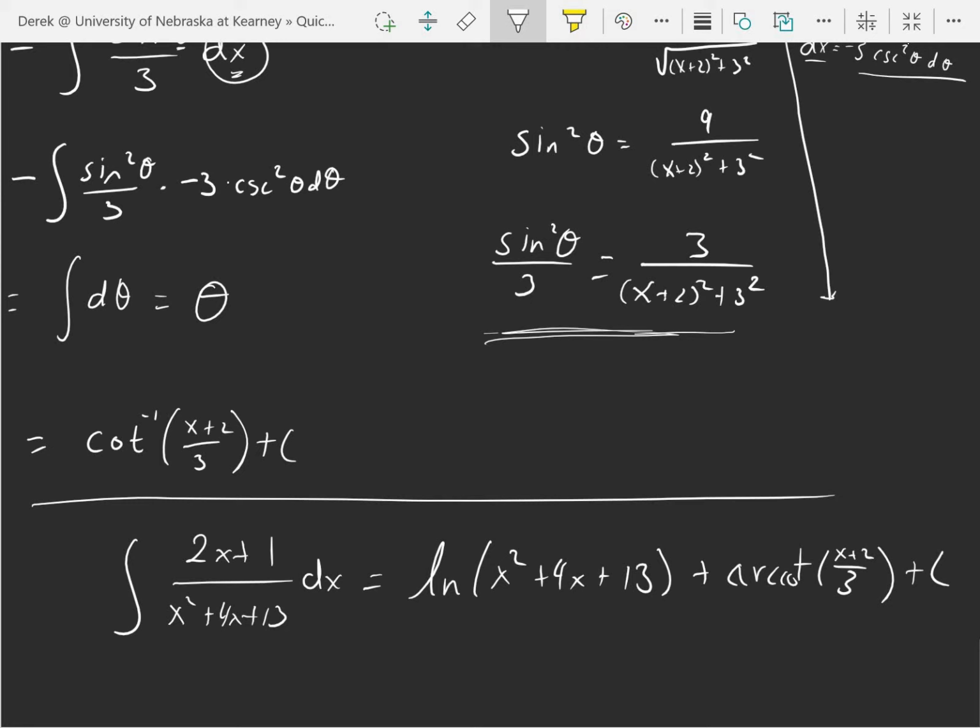Most texts are going to be calling the arc cotangent and the arc tangent, which actually just differ by a constant. The arc tangent is what usually shows up in these things, but they just differ by pi over 2, I believe. And so we get this.